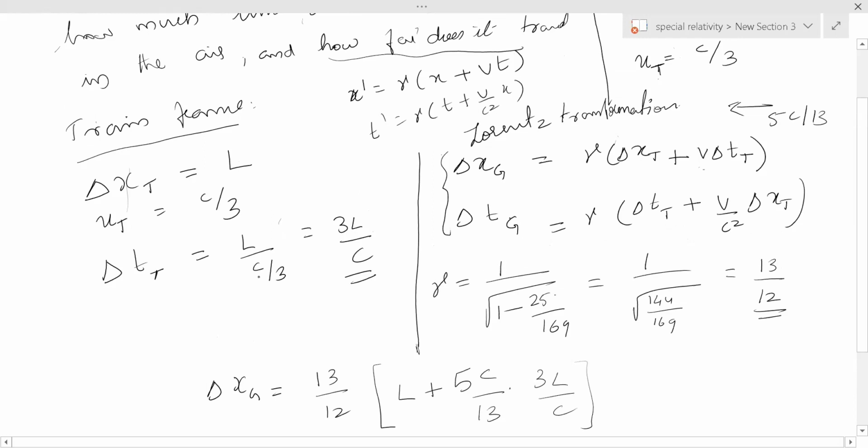So we have used the velocity of the ball here. That's the easiest way to do it. This is equal to 13L plus 15L, so 28.